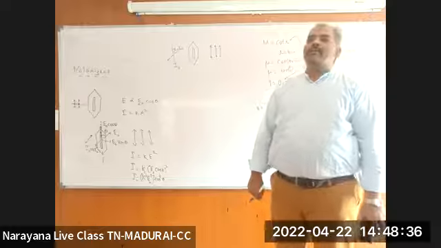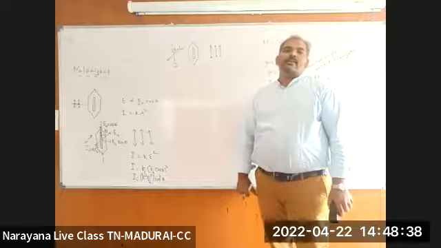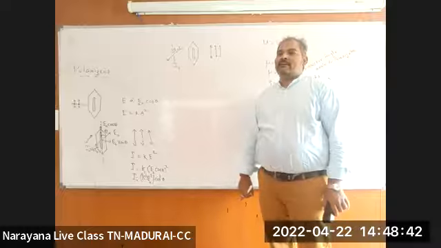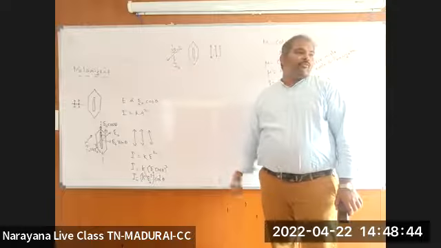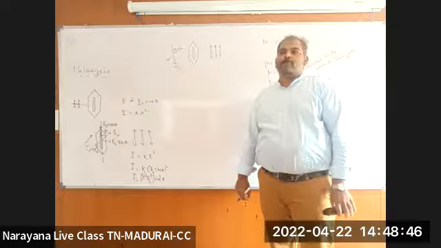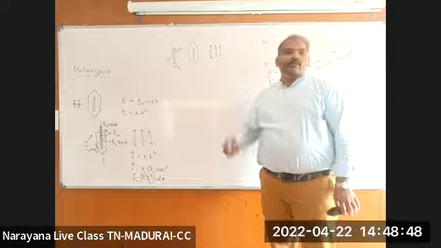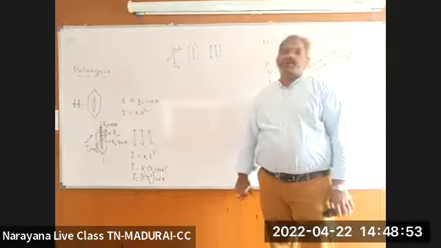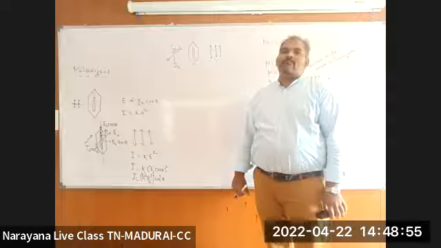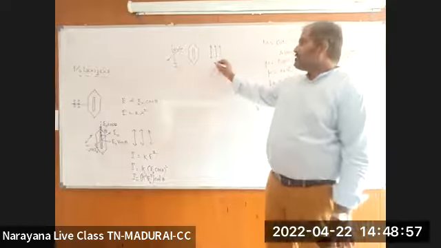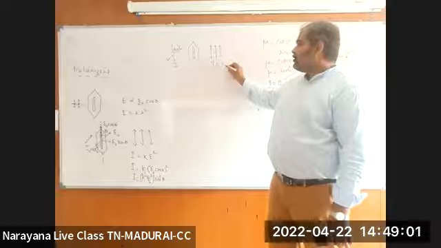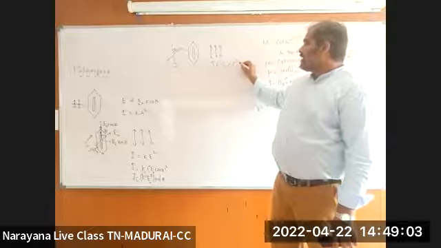This method is called polarization by using transmission. We have seen polarization by using reflection, polarization by using refraction. Now polarization by using transmission via polarizer. What is the intensity of this polarized light or partially polarized light? I naught into cosine square theta.